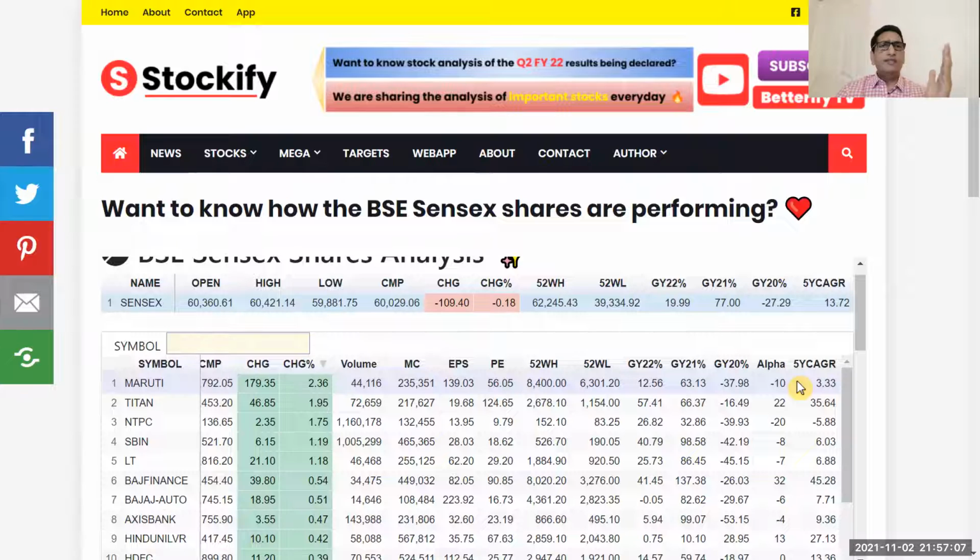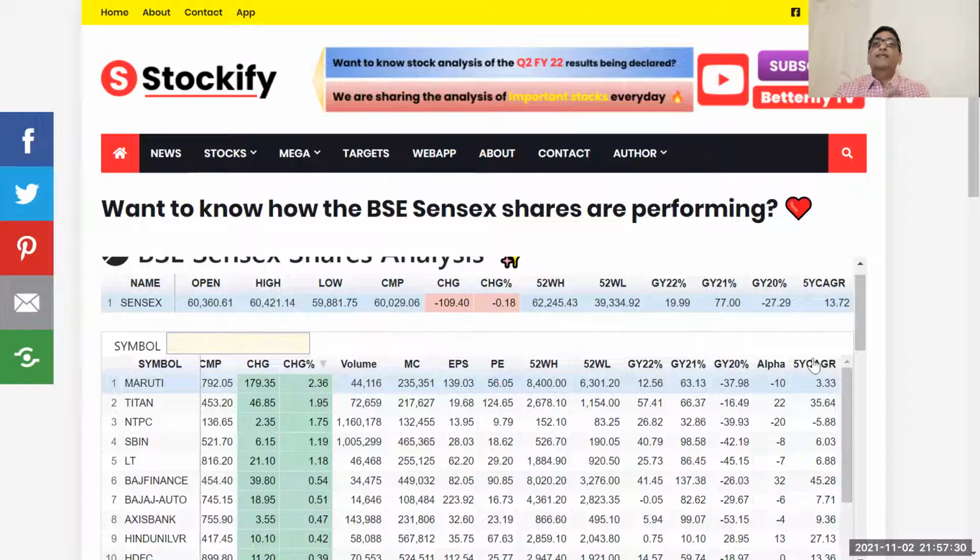So you can choose any criteria. That is the stocks which have grown during the year, the stocks which have grown in, let's say, 2 years, or the stocks that are best in the 5-year CAGR column. That is the stocks which are giving the best compounding growth rate.